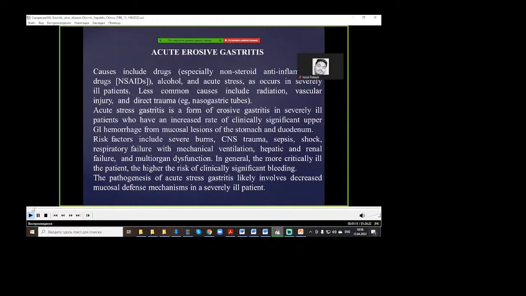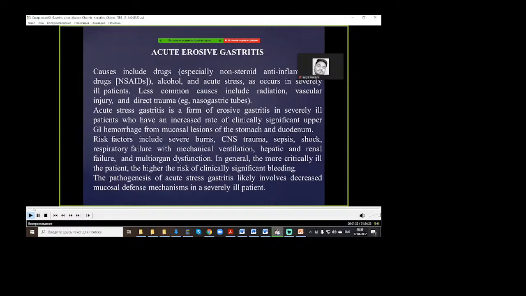Acute stress gastritis is a form of erosive gastritis in severely ill patients who have an increased rate of clinically significant upper gastrointestinal hemorrhage from mucosal lesions of the stomach and duodenum.